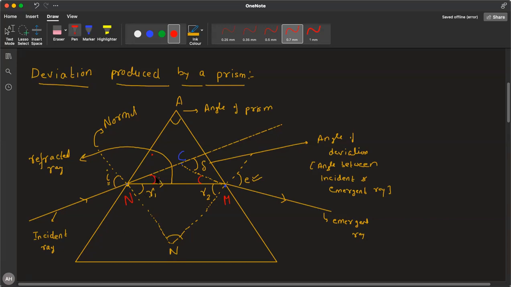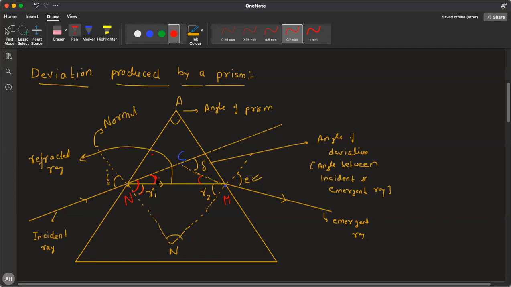How much is this one? See, this angle and this angle, this whole, they are vertically opposite. So if this is I, then this is also I. And this one is R1, this much is R1.